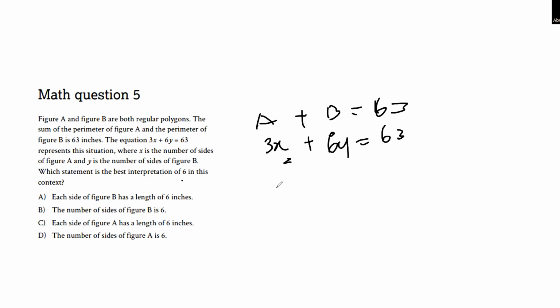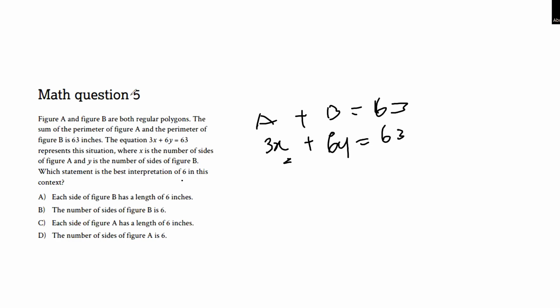All right. Now, I need you guys to understand that 6 itself indicates the perimeter of the figure in B. So 6y is the total perimeter of the figure in B. Likewise, 3x is the total perimeter of the figure in A. So let's keep that aside.